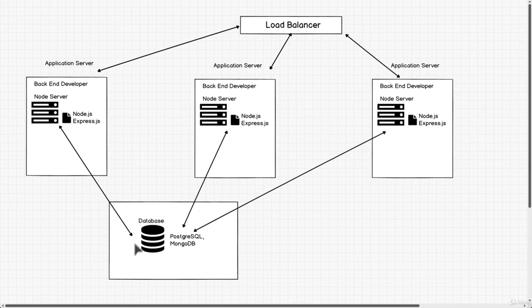But they also still use the same database, so that if somebody updates information from this server, well, this person over here who uses this server will still have access to the information that the other person updated. And then finally, you have something called a load balancer.